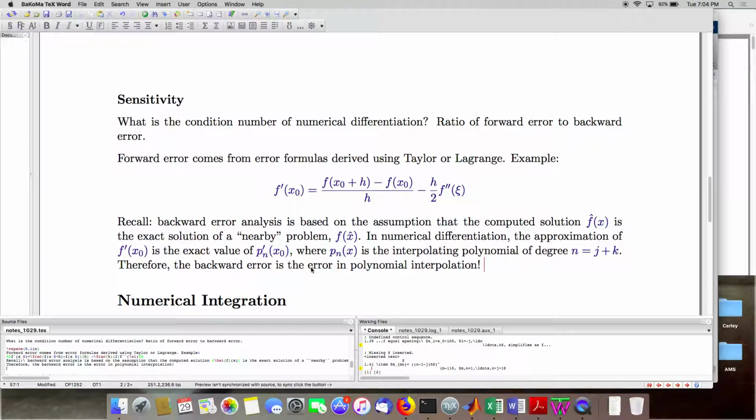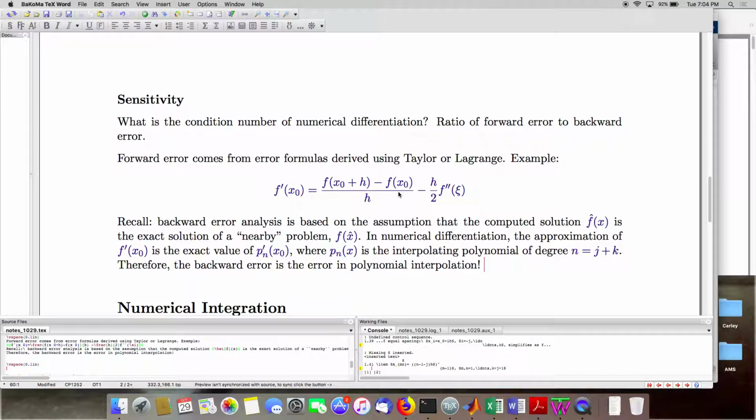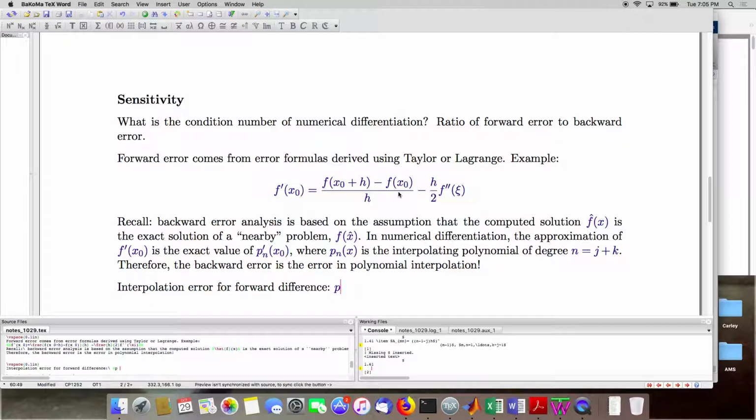So, continuing with this example, the forward difference. For forward difference, we have a linear polynomial, p1 of x, that interpolates f of x at the 2 points, x0 and x0 plus h.